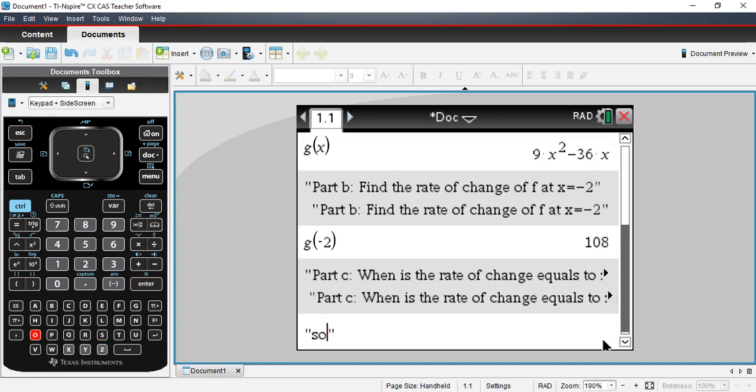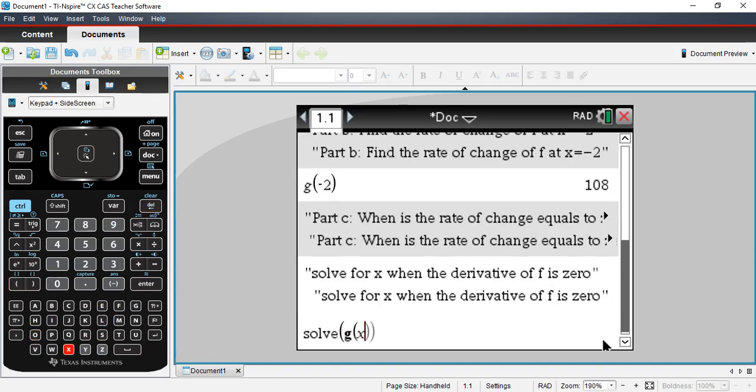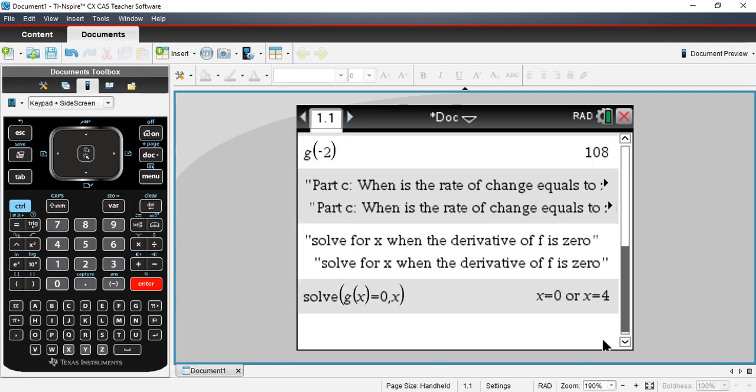So what you need to do is solve for x when the derivative of f is 0. So we're going to solve g of x equal to 0 for x. Answer 0 or 4.